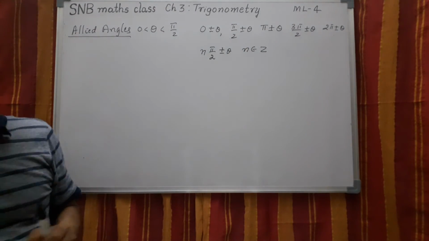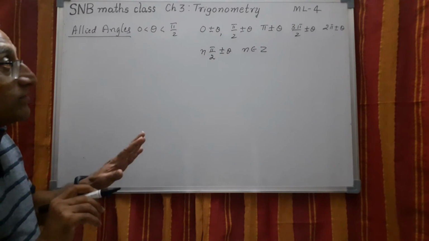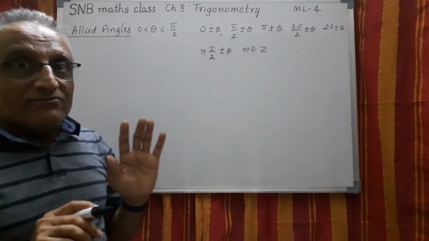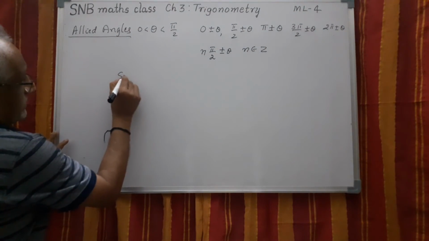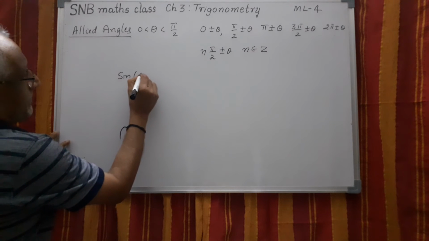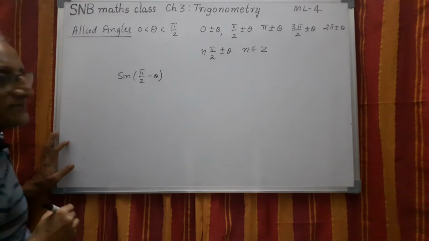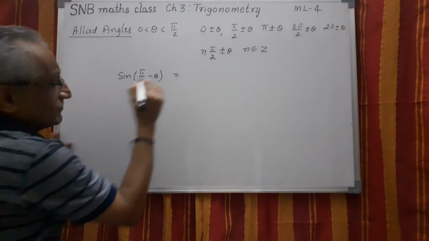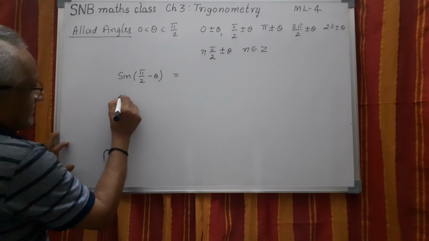Now, trigonometric ratios follow a very specific rule with allied angles. Suppose you want to find sine of pi by 2 minus theta. There is a definite rule for this. Similarly, some of them you have studied already in 10th standard.